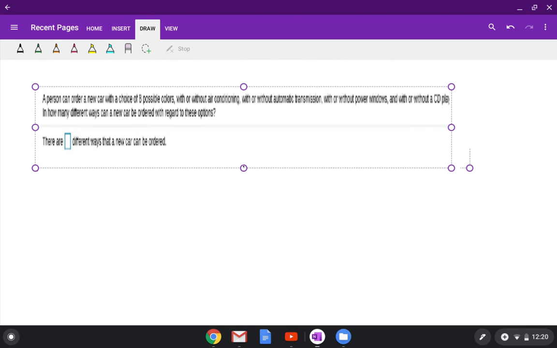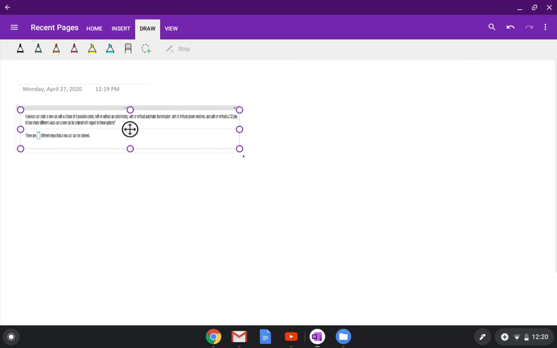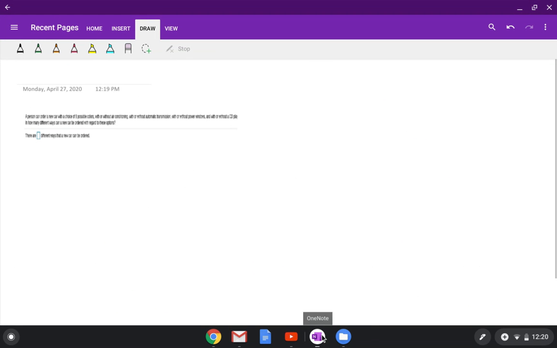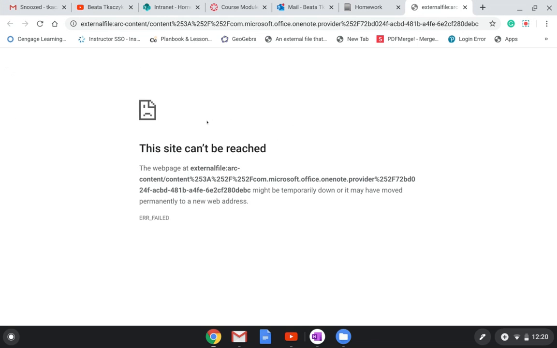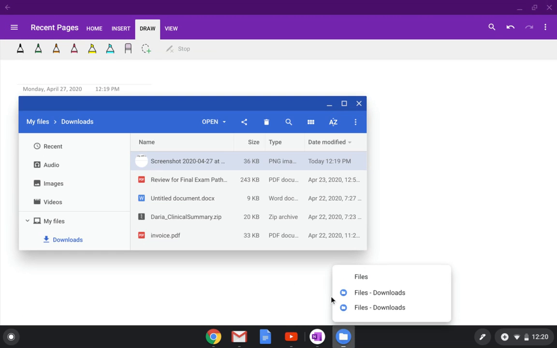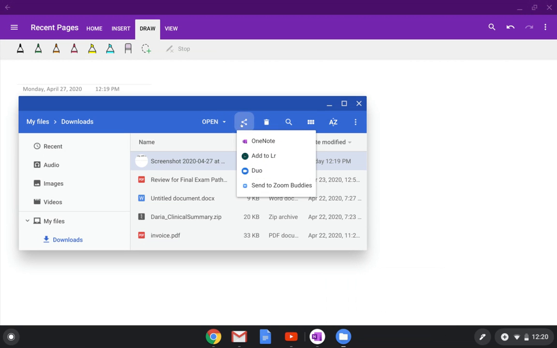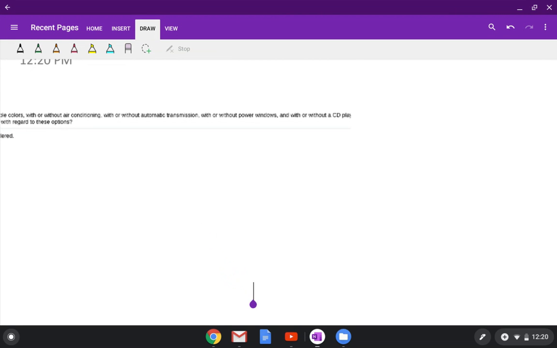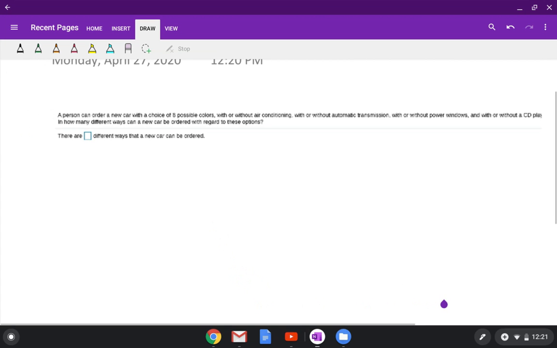This one even looks worse. Okay, guys, for some reason, it's super small.